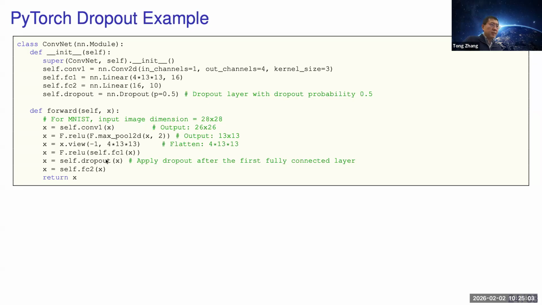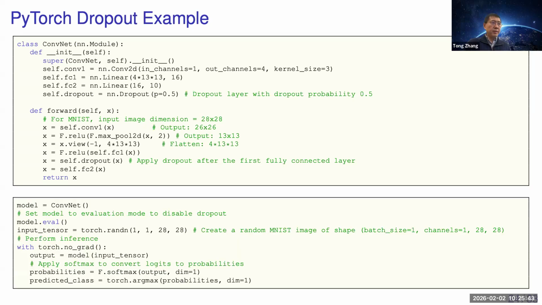I think you can do dropout both before and after. For ReLU it doesn't matter much, but for some other activations it matters a little bit. Yeah, it doesn't change too much. Anyway, this is what we are doing in the model.